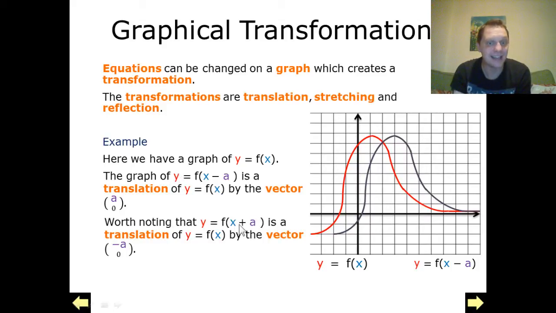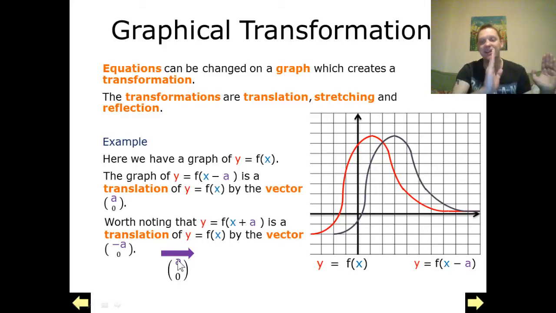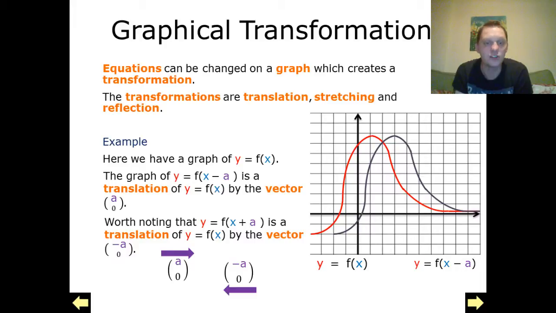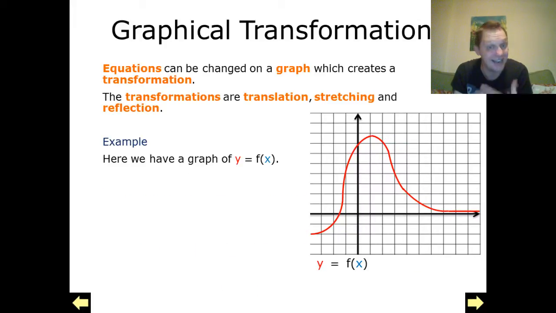If we had x plus a within our bracket, so our function adding a, what we're actually doing is translating to the left. It's worth noting, if we've got a positive number at the top of our column vector, we are moving to the right. If we've got a negative number on top of our vector, we are moving to the left.